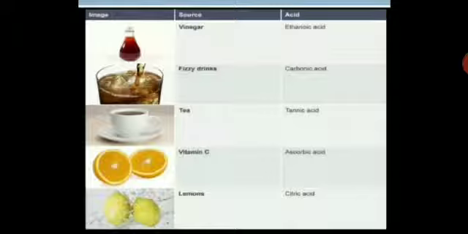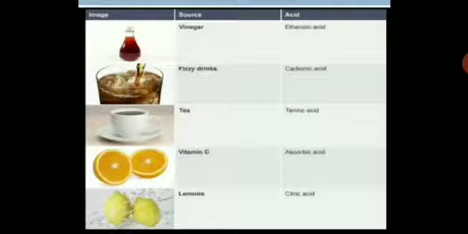Then here again you will see vitamin C, a natural organic acid known as ascorbic acid. Then lemons, citric acid. So here you need to know two formulae: vinegar, ethanoic acid, CH3COOH, and fizzy drink will have carbonic acid, that is H2CO3.